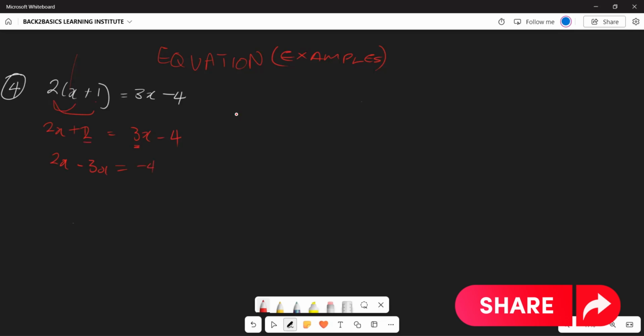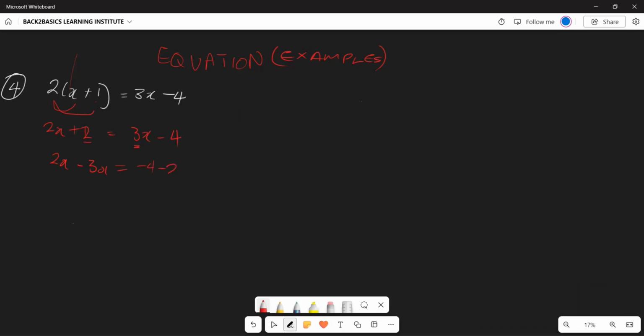Now, when this +2 goes this side, it's going to be -2, right? So this is the same as now -x is equal to -6, right? Now, from here, you are then going to divide by -1 this side, so that you make this negative to be positive, right? So which means the value of your x is going to be equal to +6.